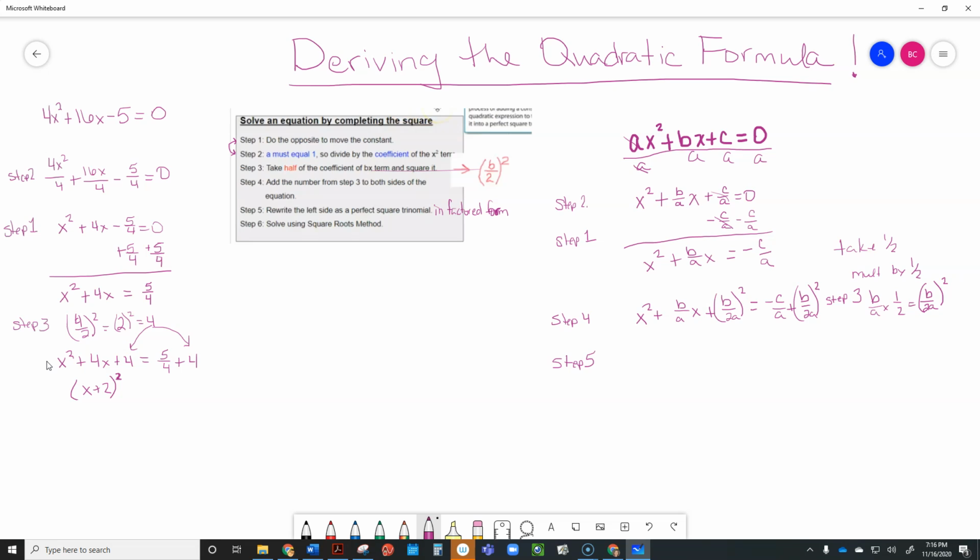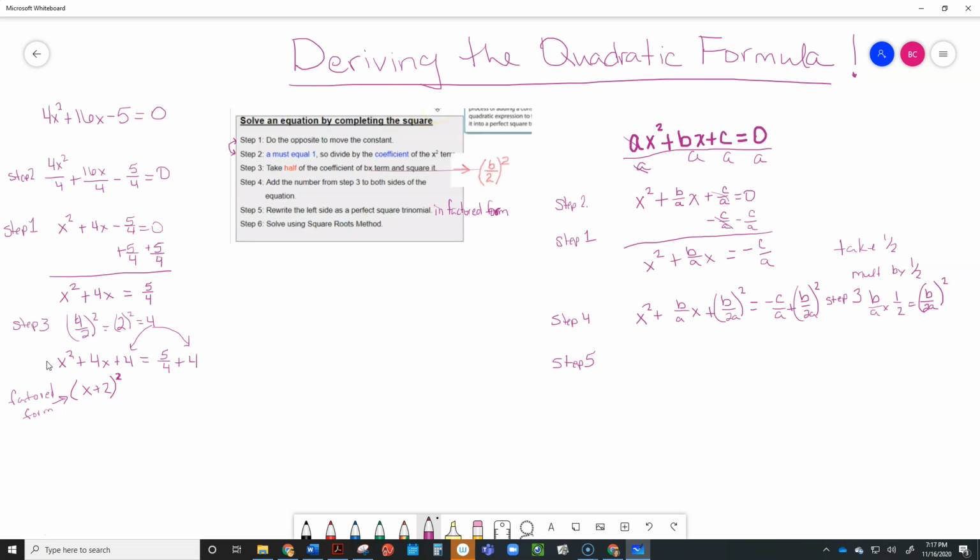Okay, so that perfect square trinomial needs to be written in factored form. This is factored form right here. So that's the complete step number 5, is to write it in its factored form. And remember, this number right here is always the same as this number. When we take half of b, whatever half of b is, that's what goes right there.